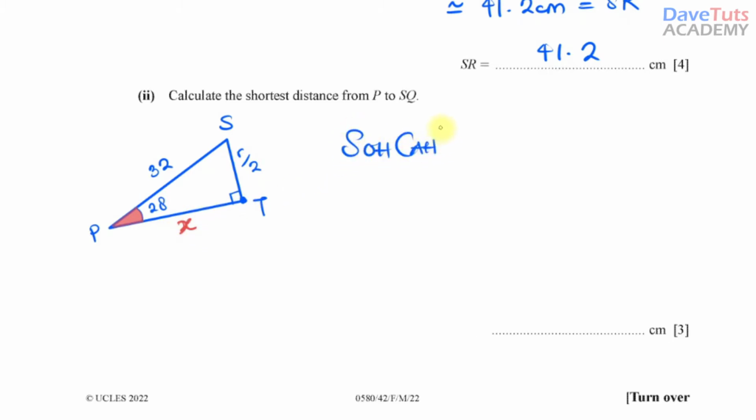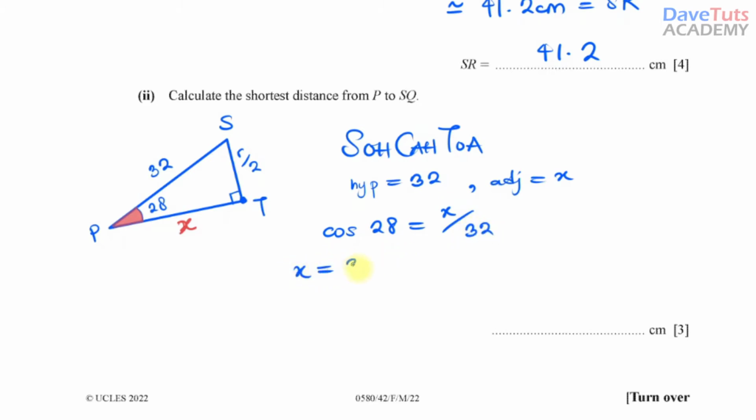Looking at angle 28 degrees, the hypotenuse in this case is 32, and the value we are looking for is the distance from P to this T, which is x, that is the adjacent. So what is relating the hypotenuse and the adjacent? We can see that it is cos. So here we can say cos 28 is the adjacent, which is x, over the hypotenuse, which is 32, such that x will be 32 cos 28, and we can find out from the calculator.